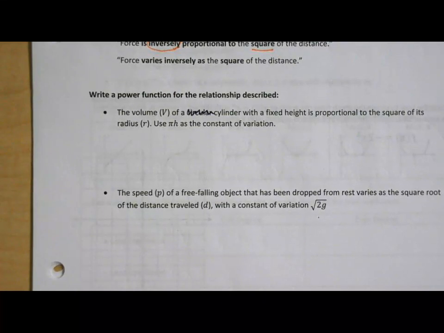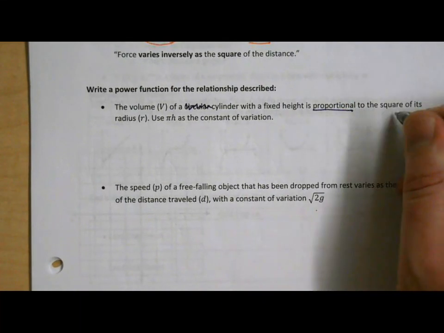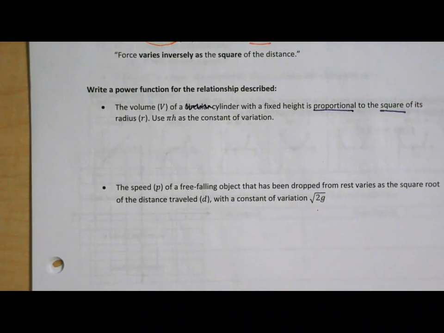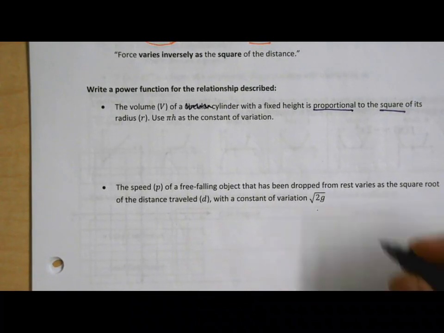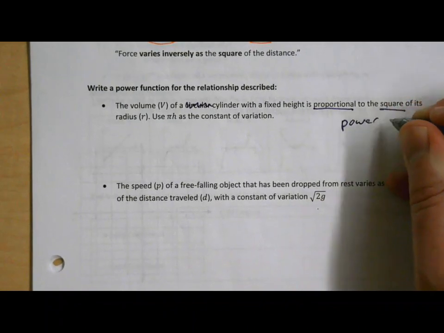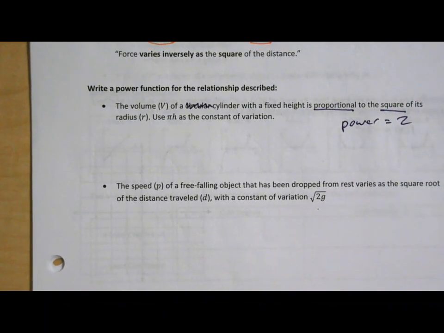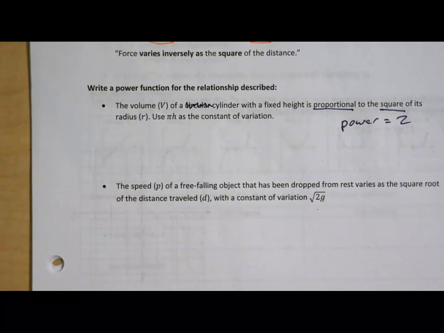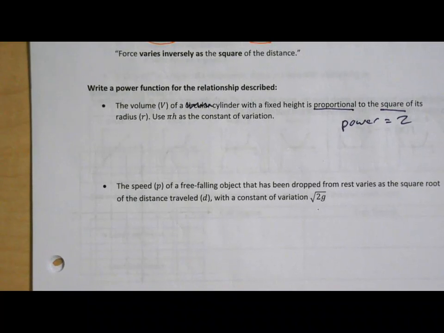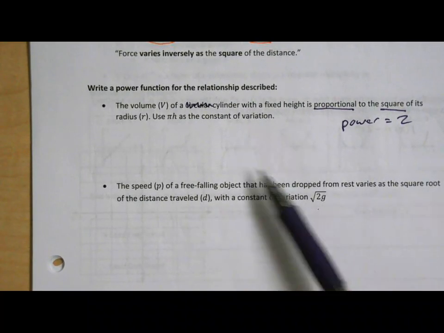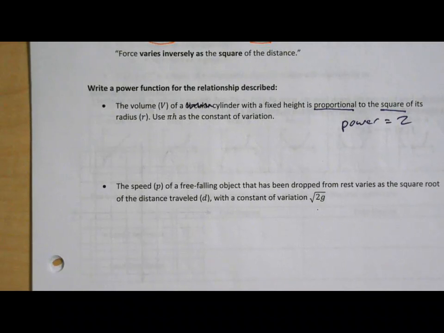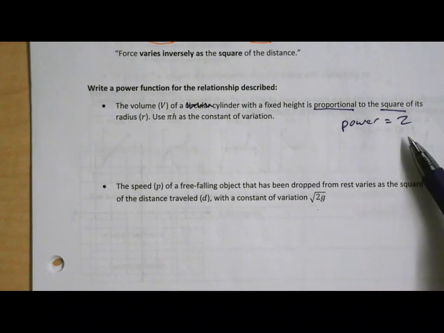So I'm reading this and I see proportional to the square. So what's that tell me my power is going to be on this thing? So the power is 2. And is it -2 or is it +2? +2. What word would be present if they wanted the power to be -2? But we don't see inversely here, so we're going to assume that it's to a power of +2.